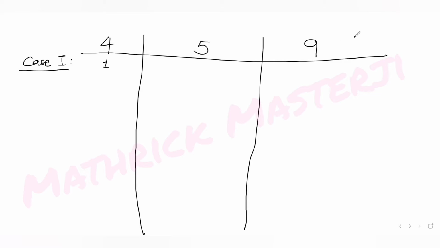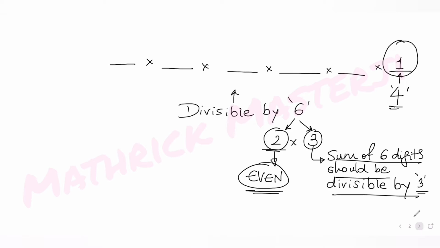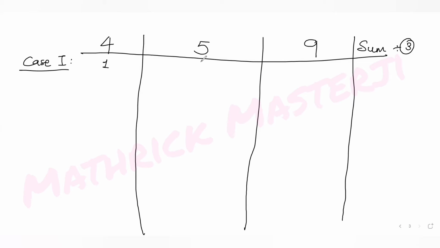Let's see where we get the sum divisible by 3. When I have the 4 placed only once, I have the remaining 5 blanks to be filled with either 5 or 9. So I can have five 5s and zero 9s, four 5s and one 9, three 5s and two 9s, two 5s and three 9s, one 5 and four 9s, and zero 5s and five 9s. So these are all the combinations I have.